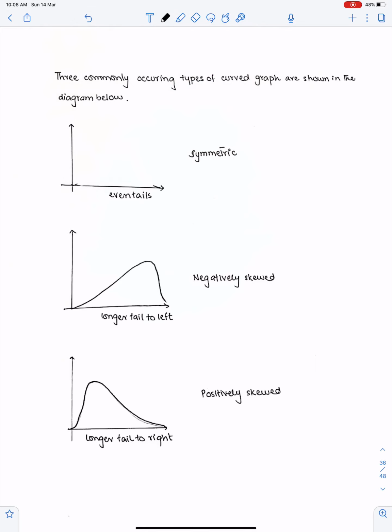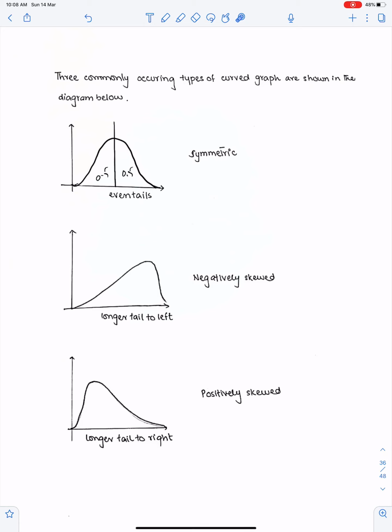Not good at sketches, but let me try this. This is approximately symmetric. My writing is not good, but I'm trying. So this is symmetric about the central line. Equal area here and here.